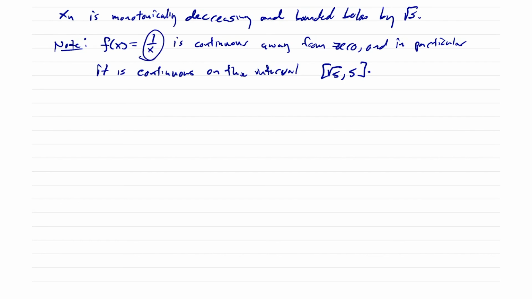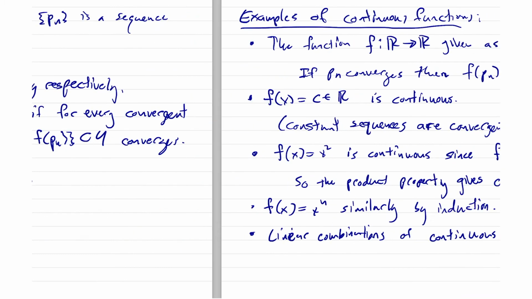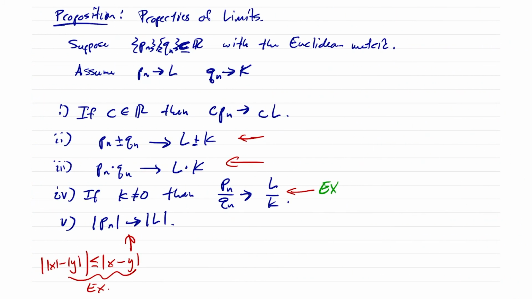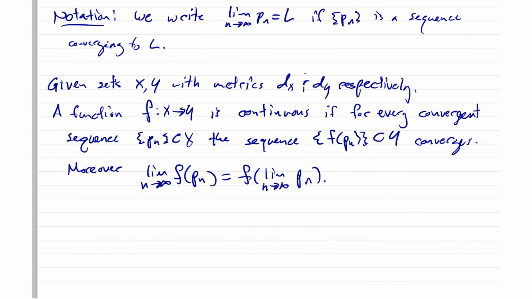That is just the limit theorem that we had a little while ago, somewhere in here. Here we just replace Pn with 1, and that gives us 1 over Qn, and so that tells us how those limits hold. So there we go.